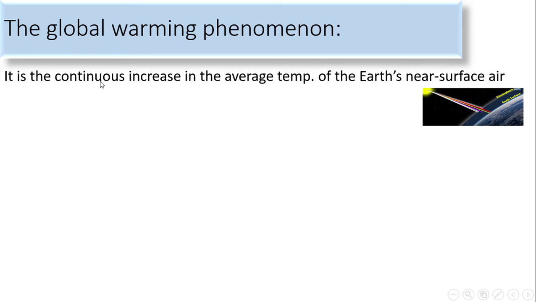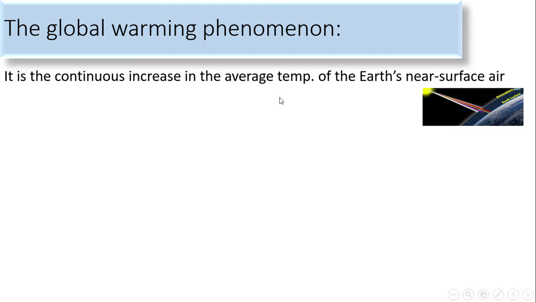Continuous means gradually, increasing year after year, step by step, in temperature for Earth, in the near surface of Earth, the near layer of the atmosphere to Earth. It's the troposphere. We said before it is the first layer. So the increasing is here in the troposphere.